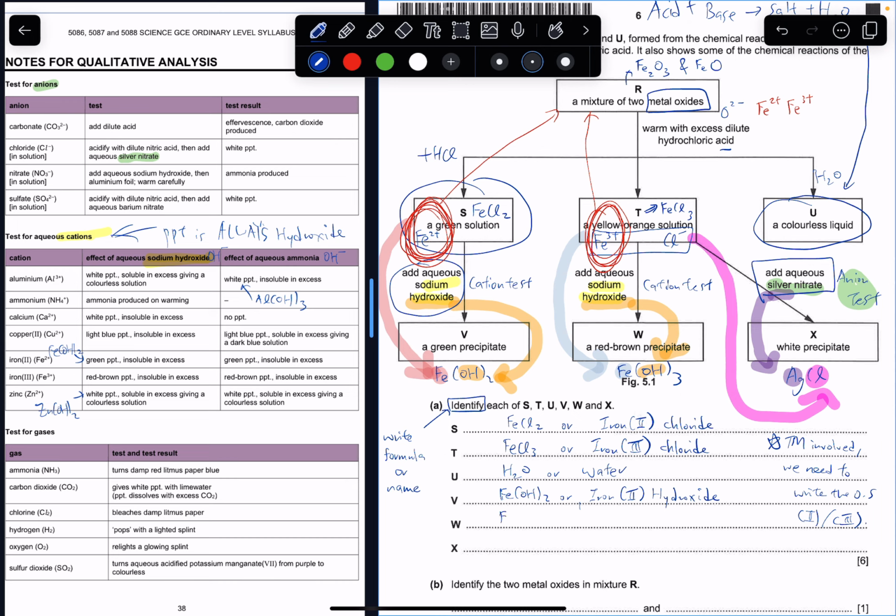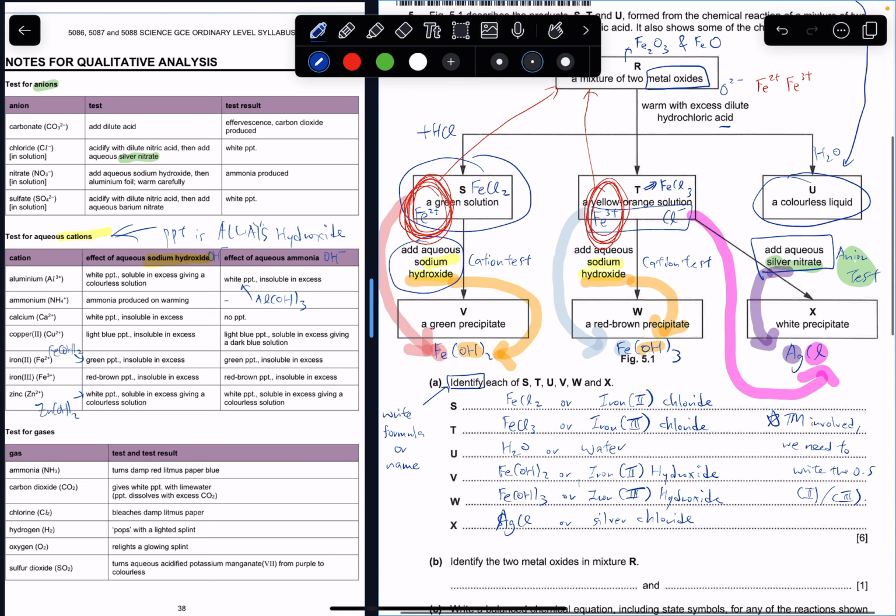W is Fe(OH)3 or iron(III) hydroxide. X is AgCl or silver chloride.